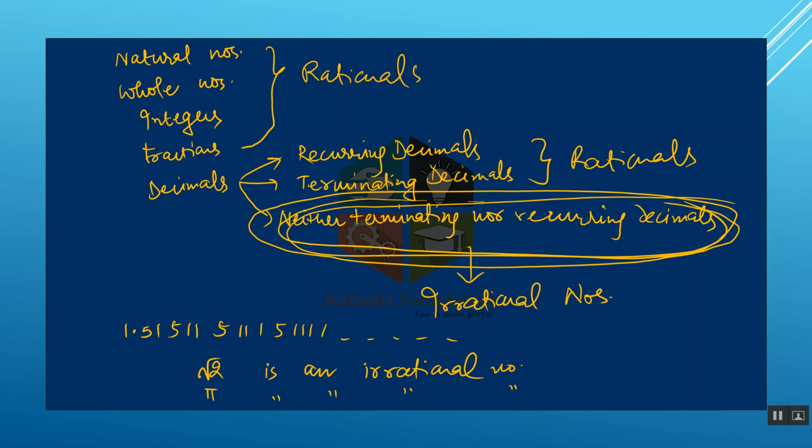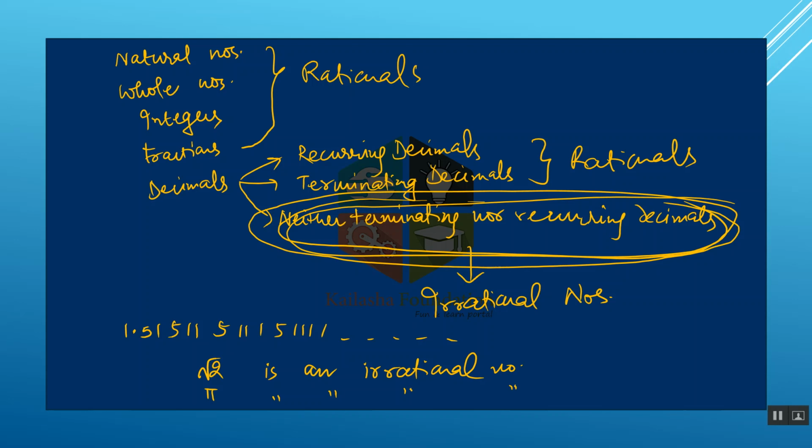To remember irrational numbers in the simplest way, keep this definition in your mind: for a number to be irrational, it must be neither terminating nor recurring decimal. All other numbers are rational numbers.